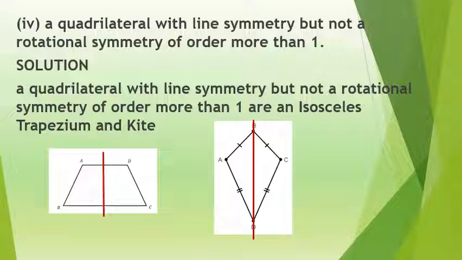Similarly, a kite has only one line of symmetry. What is the order of rotational symmetry of this kite? 1 only. So the quadrilaterals with a line of symmetry but not a rotational symmetry of order more than 1 are the isosceles trapezium and the kite.